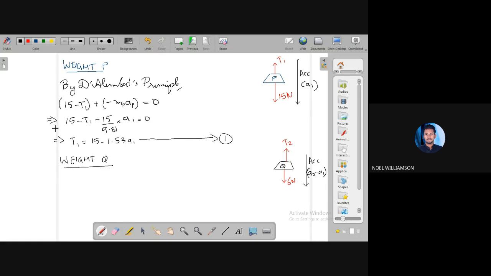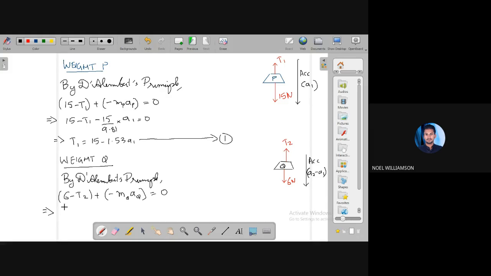Now here also, by applying D'Alembert's principle, the forces in the direction of acceleration are taken as positive. So 6 minus T2, which is the resultant force, plus minus ma, minus mass of Q into acceleration of Q, equals 0.